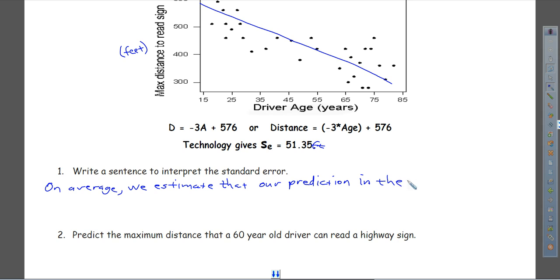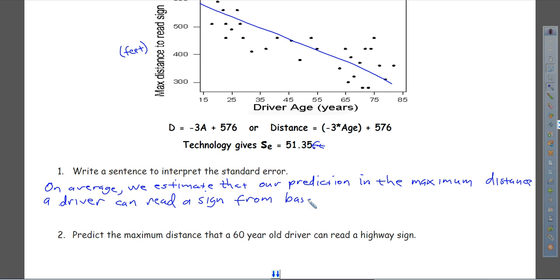In the maximum, what are we predicting? The maximum distance to read a sign. So we estimate, on average, that our prediction in the maximum distance a driver can read a sign from, based on, what are we basing this on?